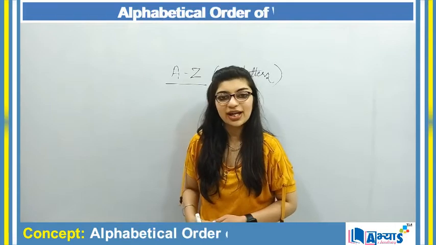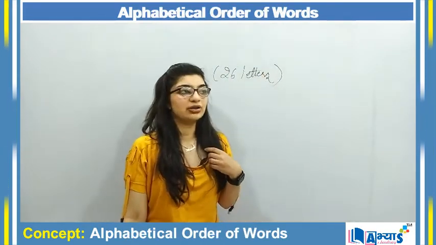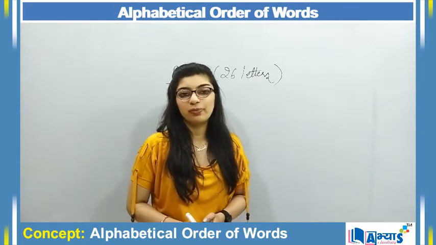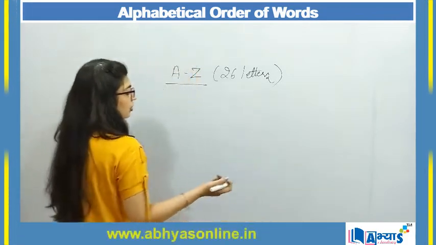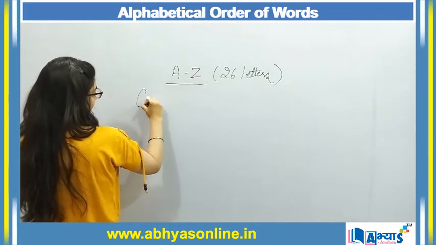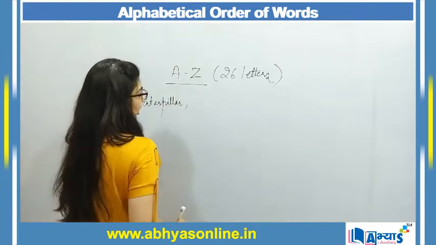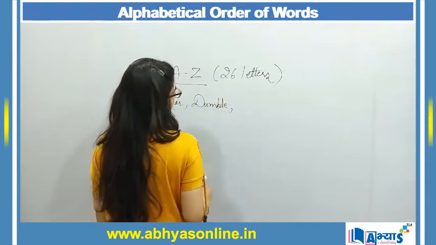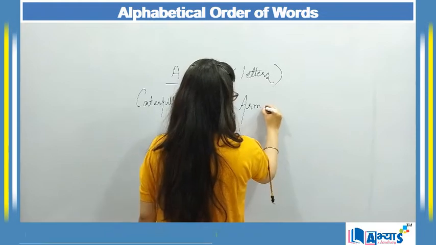The question can arise like you are provided with a list of words, and you are then required to arrange those words in a proper order as mentioned in the question. For example, now suppose you consider words such as caterpillar, then I can say dumbbell, arm, and eggplant.